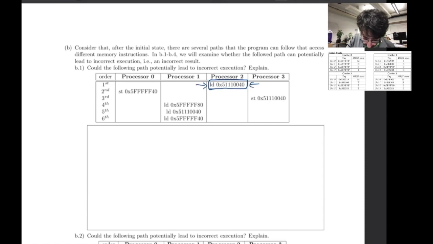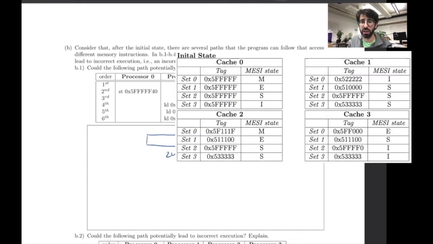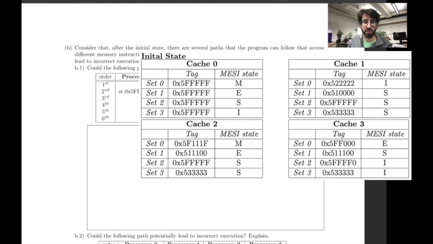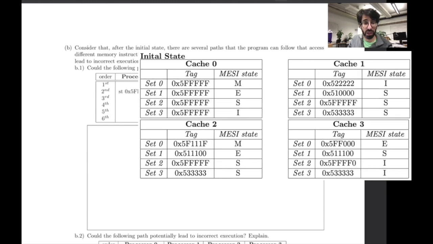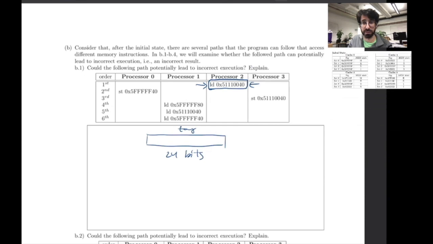And this basically, so first we have our tag that is 24 bits, as we can see here. So we have 3 bytes for representing the tag. And because we have 4 sets, we need 2 bits to represent the set, right?